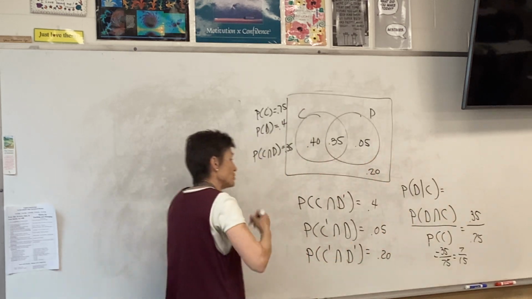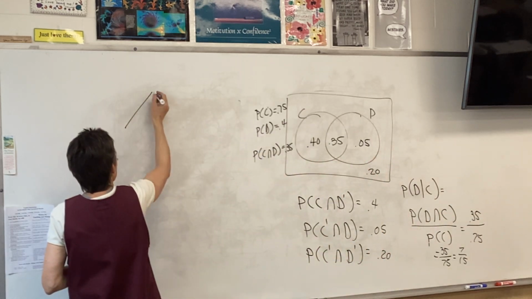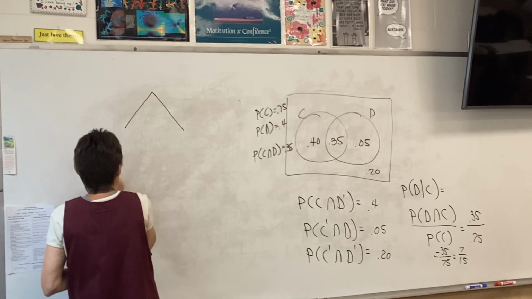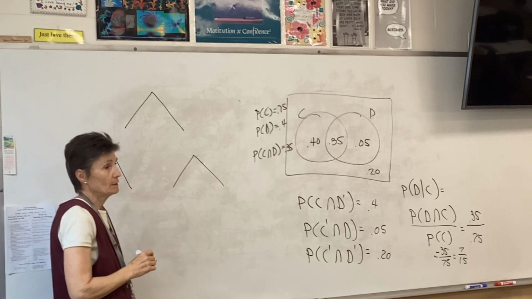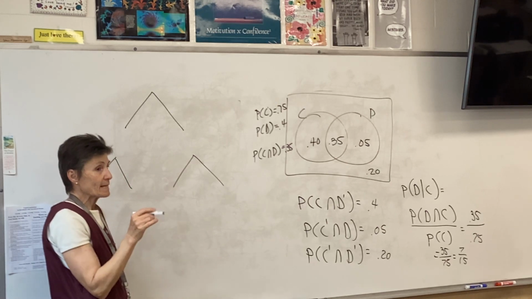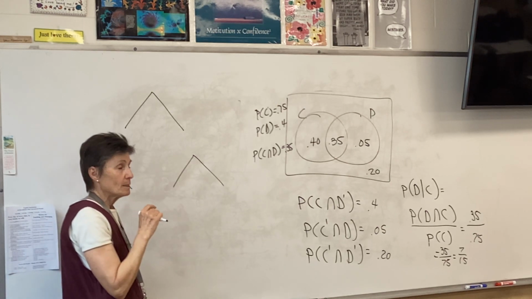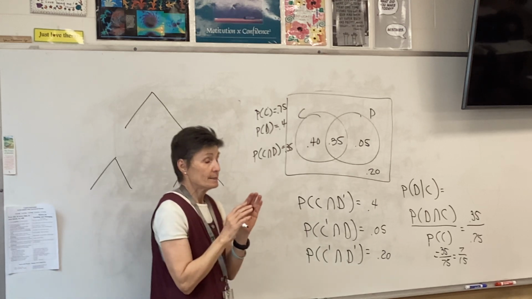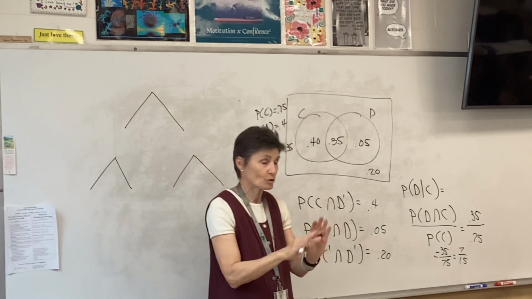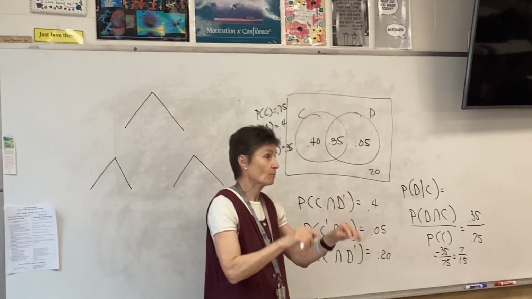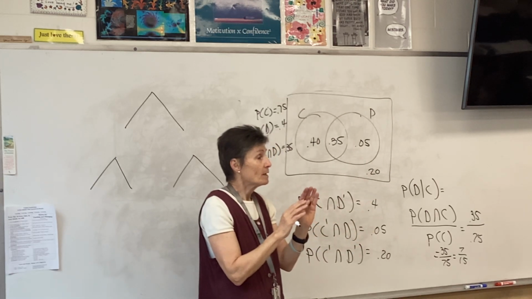We are going to use a tree diagram to answer this question. You've seen those before too. When you set up your tree diagram, first of all, determine what the two things are. We got rain and homework. Those are the two things. It's going to rain or not rain, homework or not homework.